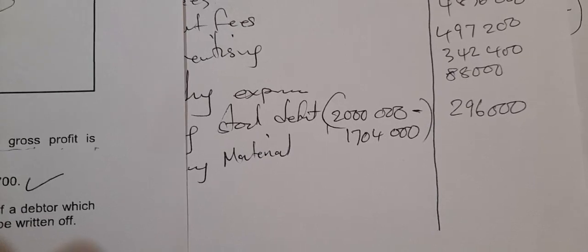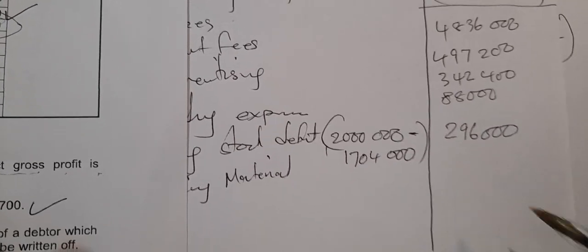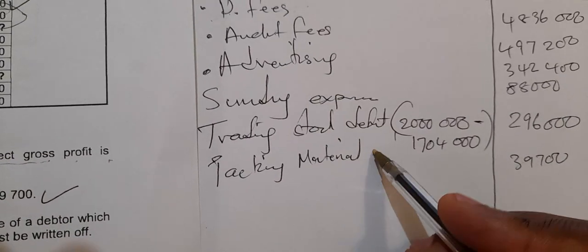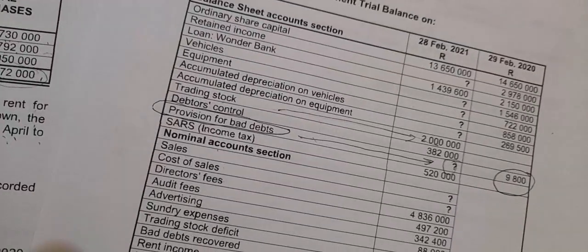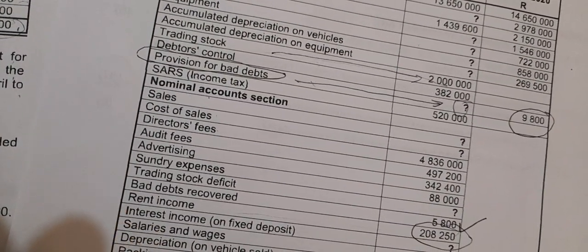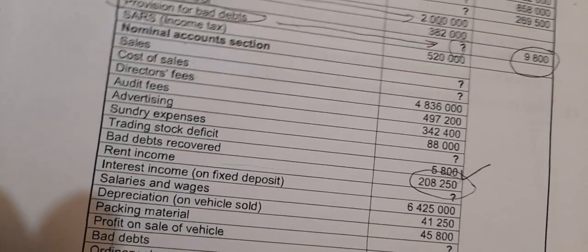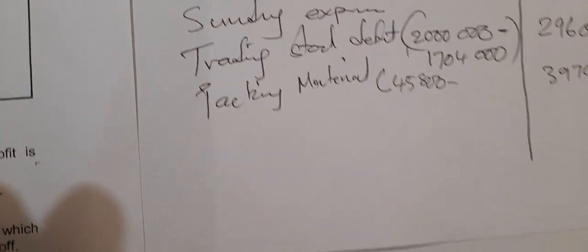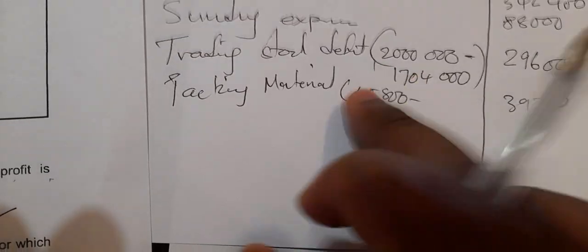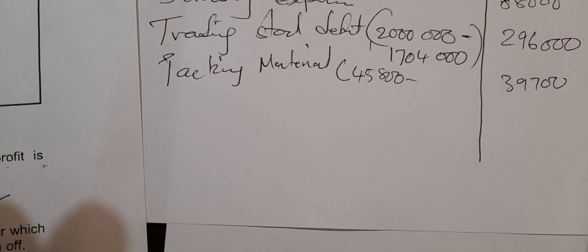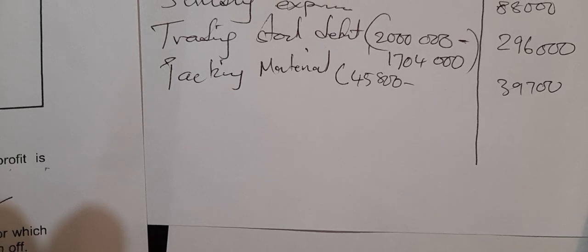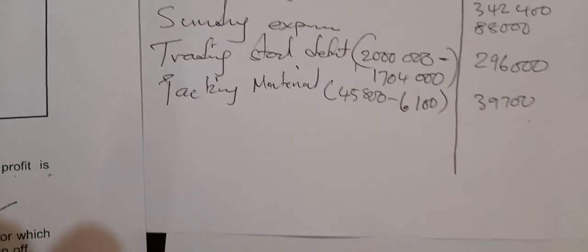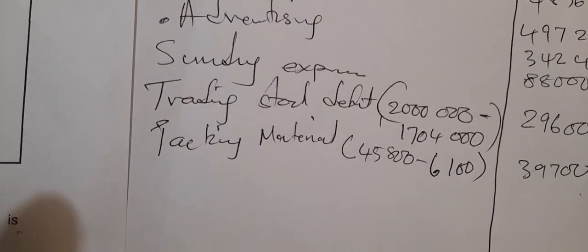So the expense there is 39,700. Again, you can play along this calculation. You open your brackets and look at the amount given for packing material here, which is 45,800. So 45,800 less the 39,700. We have decreased it by 6,100. So this one is the one that is used, which is a what? An expense. Yes.